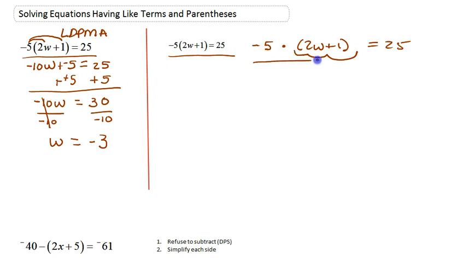So to undo that would be to divide this by negative 5. Now I can do that because this is in the grouping symbols. So I'm left on this side with these canceling out, and I get 2w plus 1 equals 5 goes into, or negative 5 goes into 25 negative 5 times.